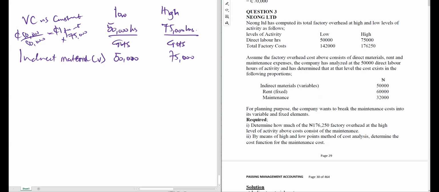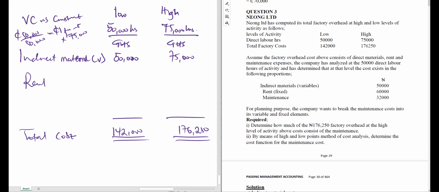Okay. But we know if we compare the total cost, this one, the total cost was what? 142,000. And this one was what? 176,250. Okay. Now, we know that there was what? Rent. And we know rent is fixed.